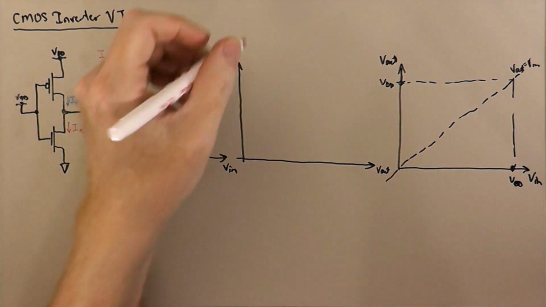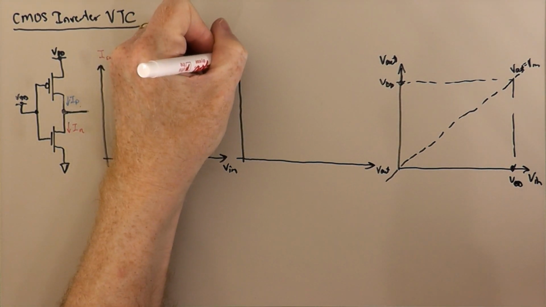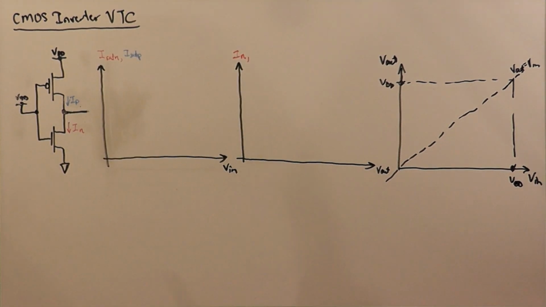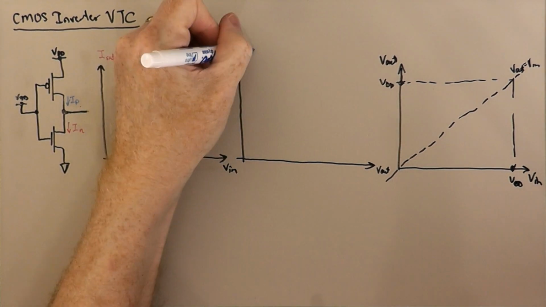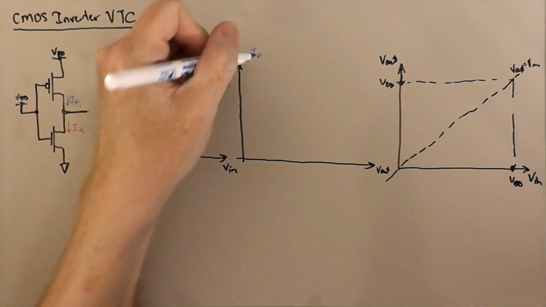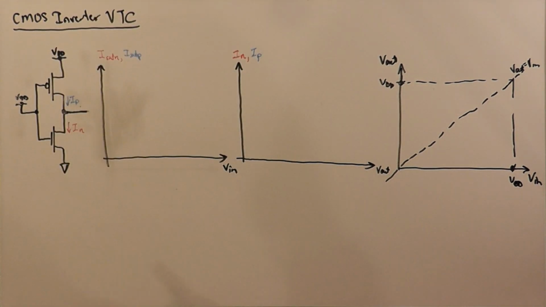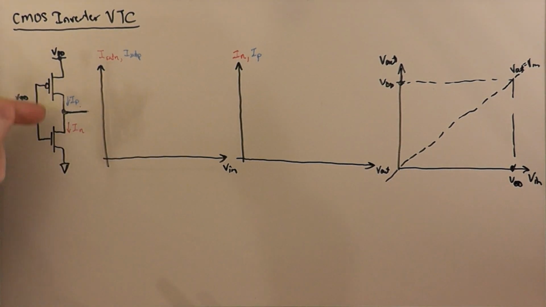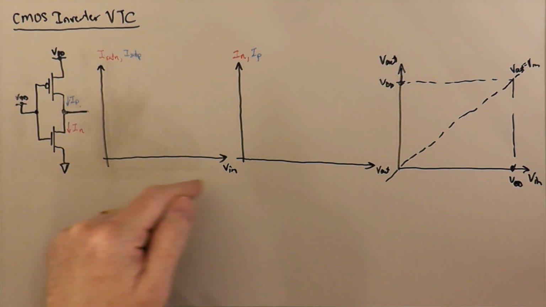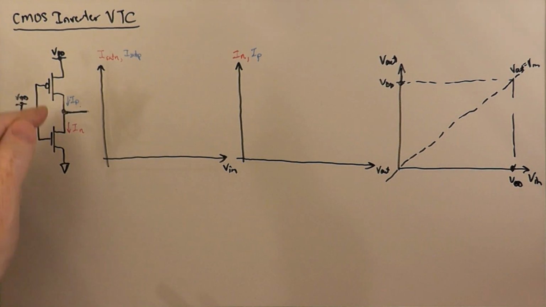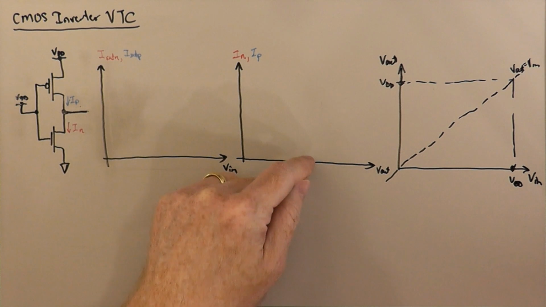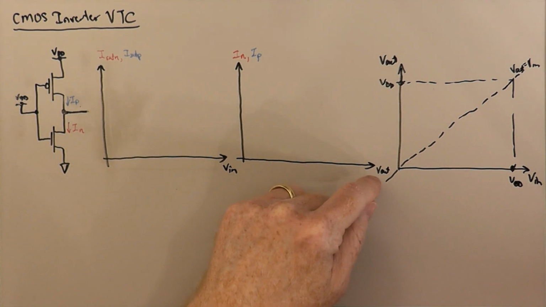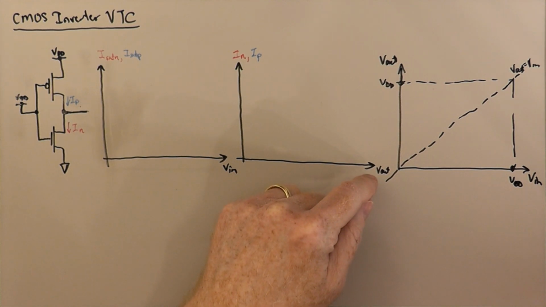And we call this I N and I P. Okay, so these are going to be our gate characteristics, right? So this is a plot of saturation currents as a function of gate voltage for the NMOS and the PMOS transistor. And here we're going to have drain characteristics. So V out is the drain voltage, common drain voltage of the two transistors.